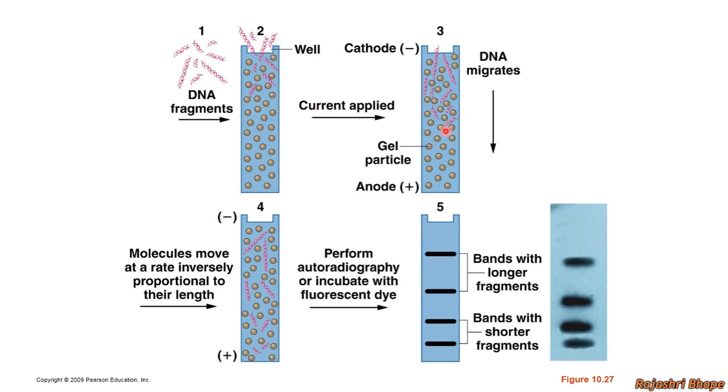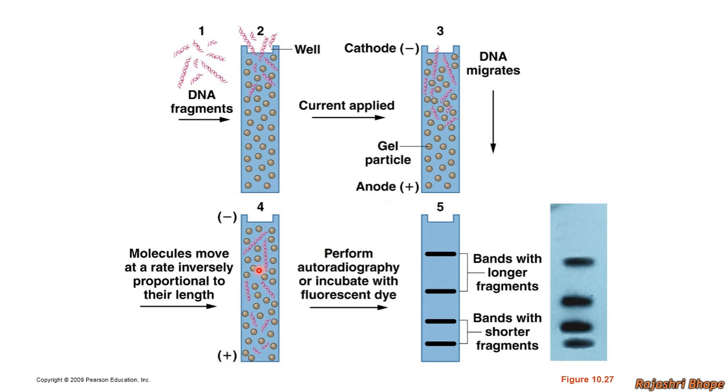power supply, all the molecules, since DNA is negatively charged, travel towards the positive charge. The smaller the molecular weight, the faster it will travel through the spaces available between these gel particles. The heavier the molecule, the more time it will take to travel.